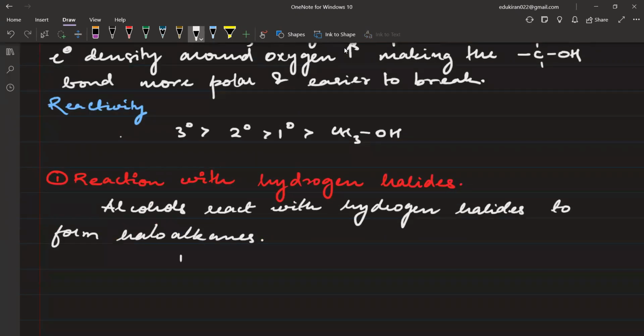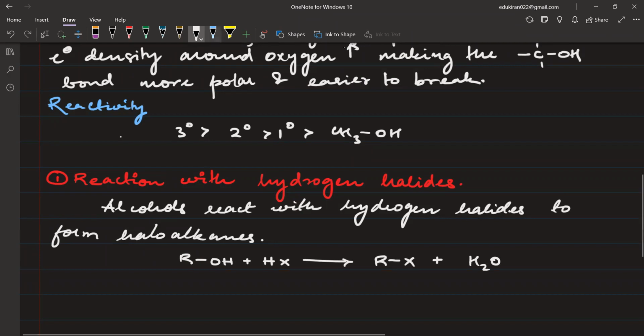A general reaction is ROH plus HX. It will give us RX plus what? H2O. Okay, RX plus H2O. As you can easily see what is happening here.